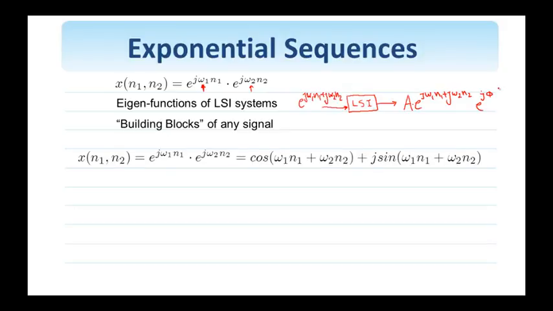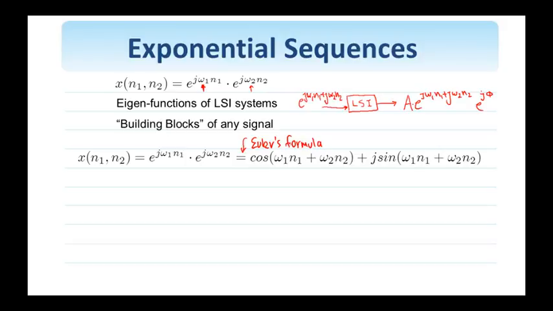Now, another form to describe these complex exponentials is with this formula attributed to Euler. So e to the j omega 1 n1, e to the j omega 2 n2 is the polar representation of this complex signal, and this is equal to cosine of the argument plus j sine of the argument, and that's the Cartesian representation of the complex function, the real part and the imaginary part.